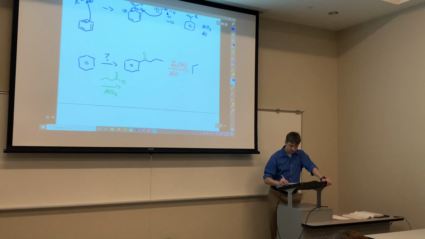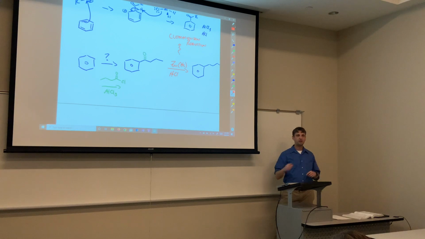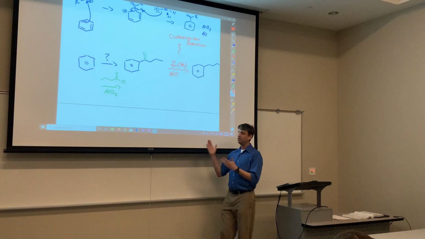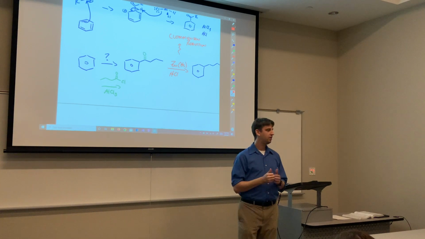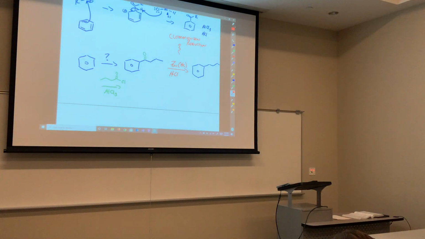So if we do this, what we will end up doing is getting rid of our carbonyl. And so this right here is our Clemmensen Reduction. Okay? Clemmensen Reduction takes our carbonyl, we get rid of it, and we leave just the alkyl chain behind.